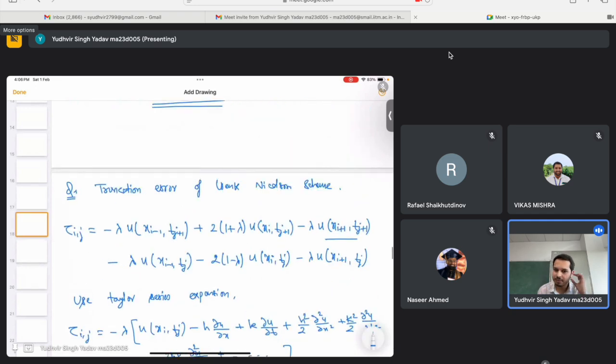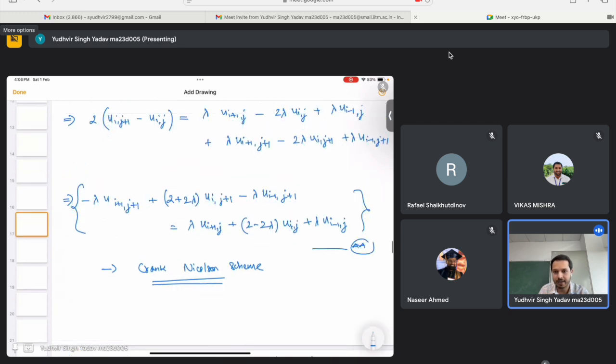In truncation error, say we have a scheme like the Crank-Nicolson scheme, we will take all the left hand side terms to the right hand side and expand all the u(i+1,j) and other terms using the Taylor series expansion, subtracting all the terms that are repetitive or that we can make zero.